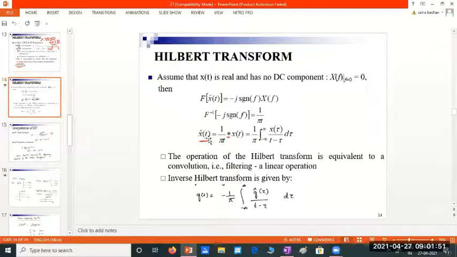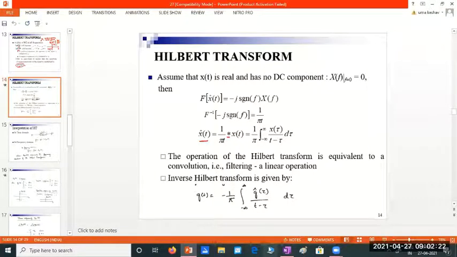So there is no shifting of domains in the Hilbert transform, and the only thing that changes is that a 90-degree phase lagged version of the actual signal will be obtained. To represent the Hilbert transform in the time domain, we use the symbol cap. So given the signal x of t, its Hilbert transform x cap of t will be defined as 1 by pi t convolved with x of t.